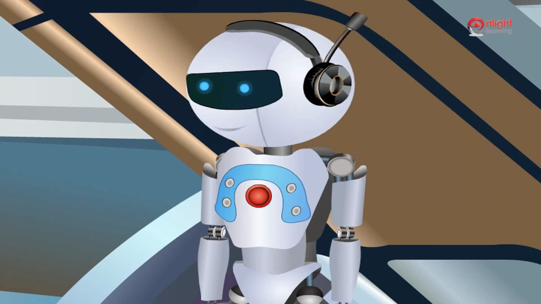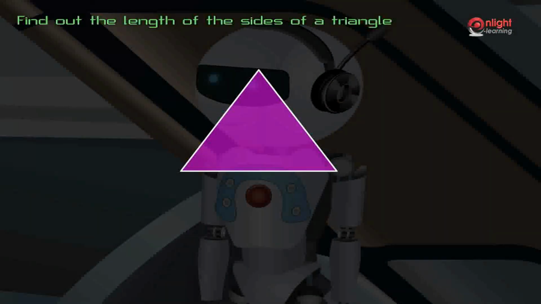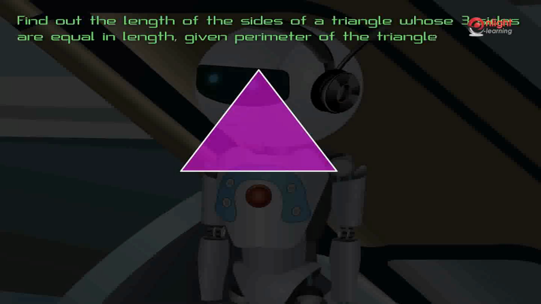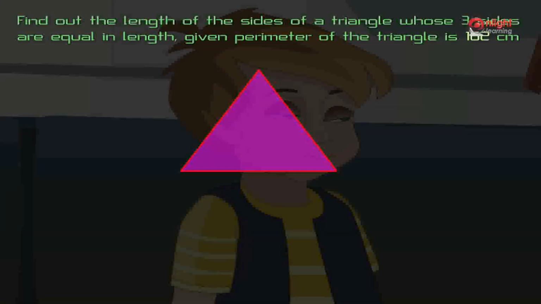Very good. Akash, can you find out the length of the sides of a triangle whose three sides are equal in length? Given the perimeter of the triangle is 162 centimeters. Perimeter of a triangle is equal to the sum of the lengths of all the three sides.